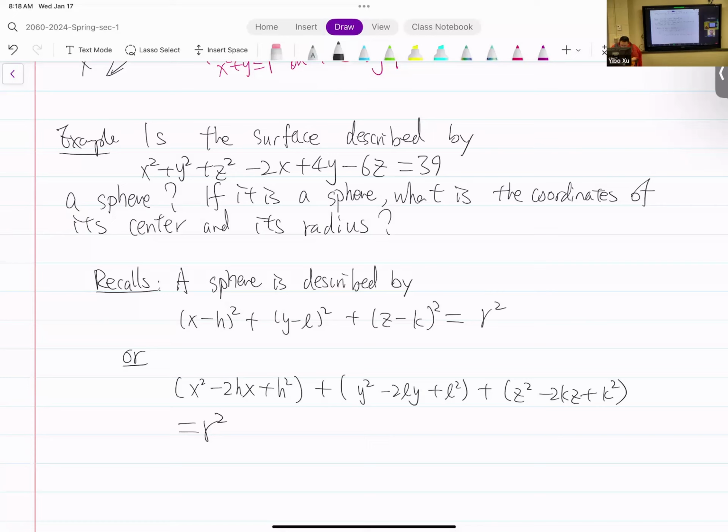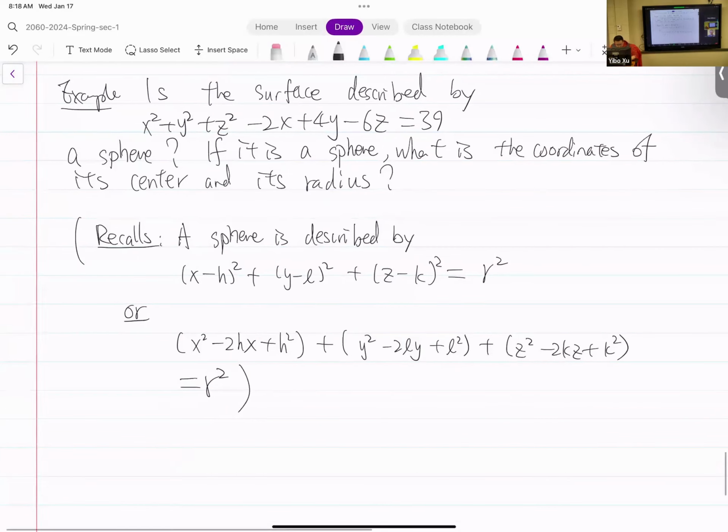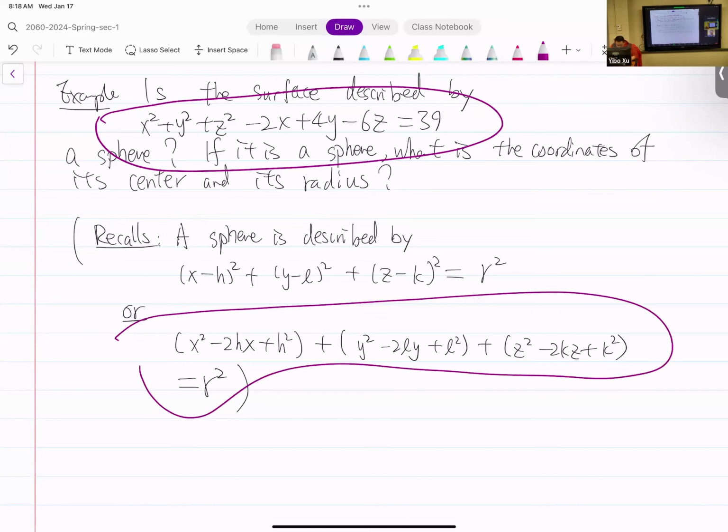So these two equations actually mean the same thing. They are equivalent, just up to the squaring, right? But then we start with something like this, so it's really closer to the second equation that we have. So basically, if you look at the difference, what's only different is that there are constants h squared, l squared, k squared, and r squared.